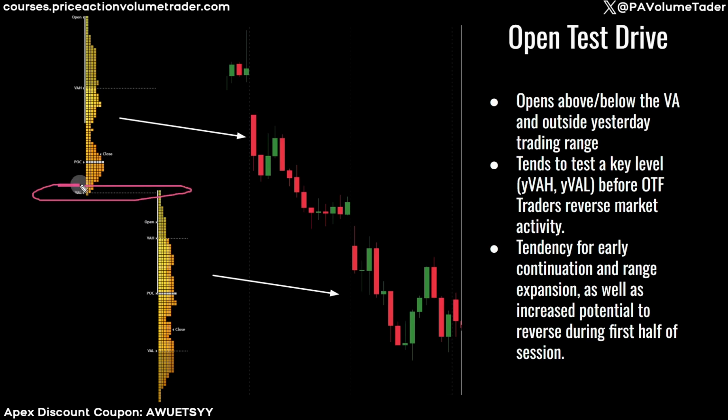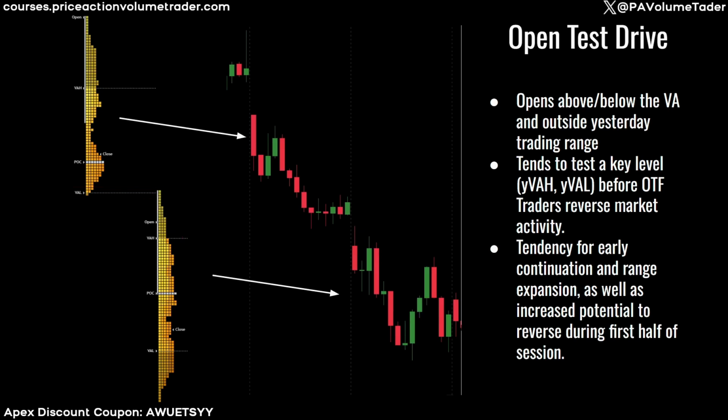In this case, very common, we're going to test the valley area highs or lows, and then other big time frame participants are going to step in and take market lower, in this case lower in the direction of the original conviction of the gap or the move, in this case from the open.